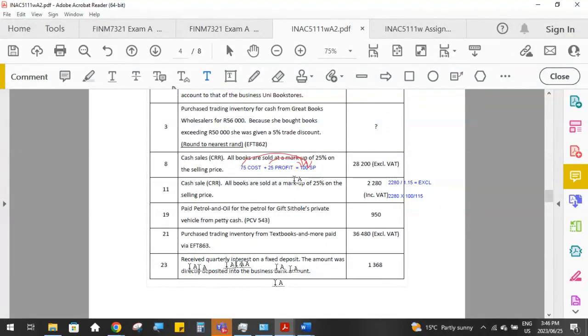So the 1368 will go into the bank column, and it will also go into our sundry column where we then allocate it to interest received. You must indicate that it's interest income or interest received, because remember, interest could be interest paid or it could be interest received. So in the name of the GL account, you must write either interest paid or interest received, indicating whether it's an interest expense or interest income.